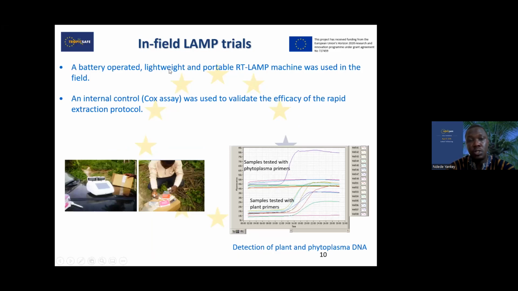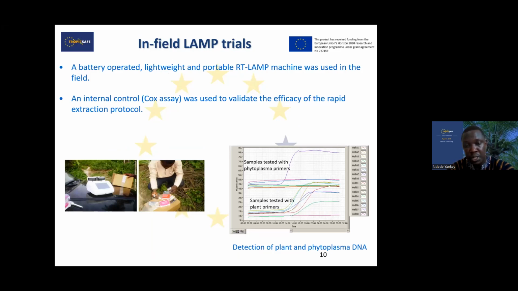So we use this LAMP machine, the lightweight portable LAMP machine, which is battery operated, out in the field. And what we do in the field is to run concurrently an internal control, which is specific for the plant DNA, that's the coconut DNA.